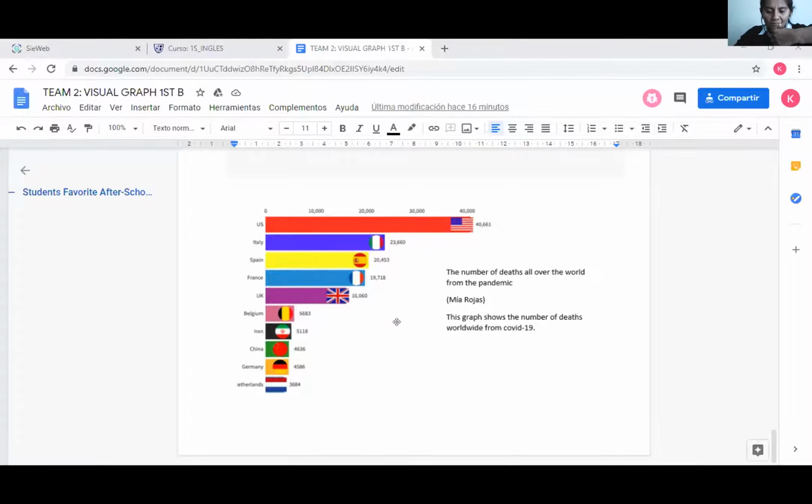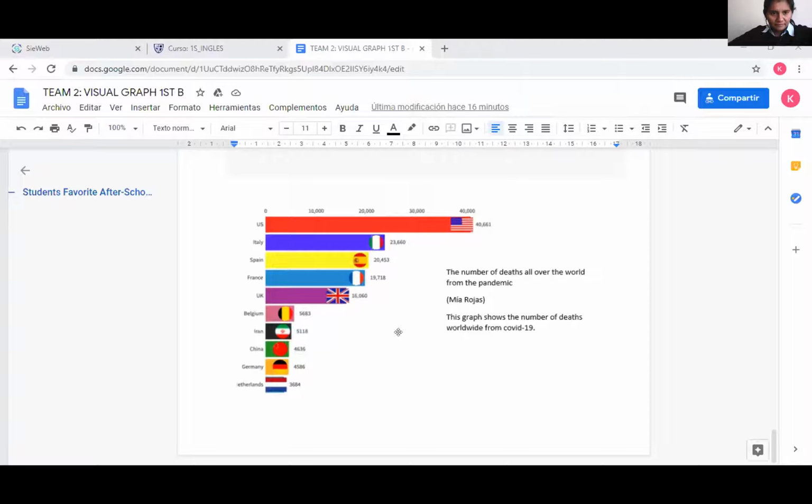The color sky blue, France. The color purple represents the United Kingdom. The color pink, Belgium. The black, Iran. The color green represents China. The color orange, Germany. And the last, the color blue, represents the Netherlands.